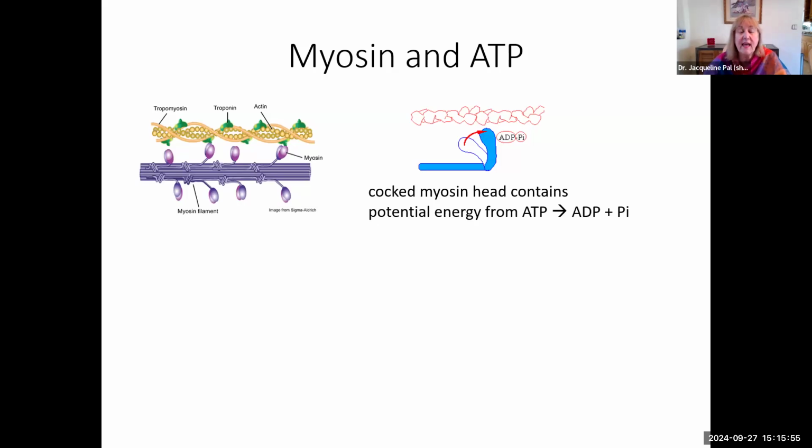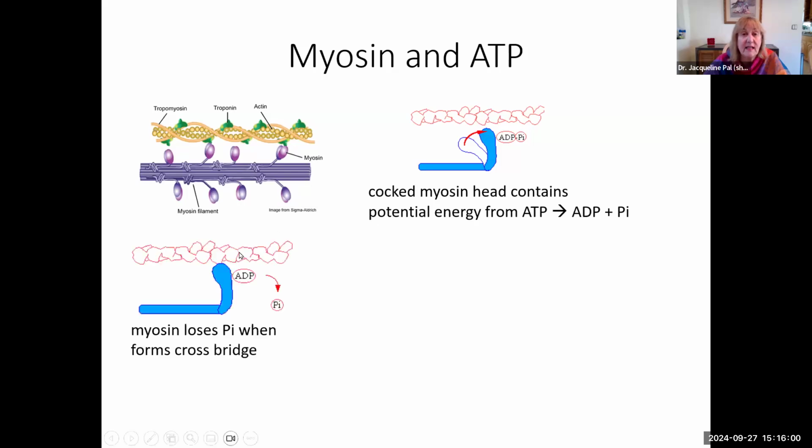Once the calcium comes along and exposes the binding site on the actin, and the myosin head can form a cross bridge, the myosin is going to lose the inorganic phosphate. The ADP is still there. The potential energy is there. And now the potential energy is going to become kinetic energy.